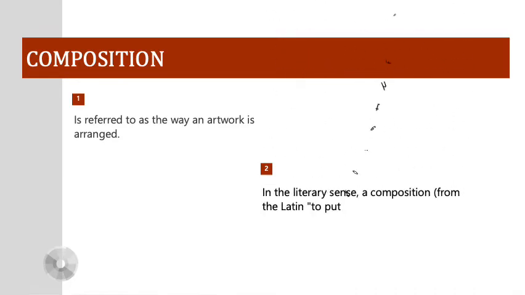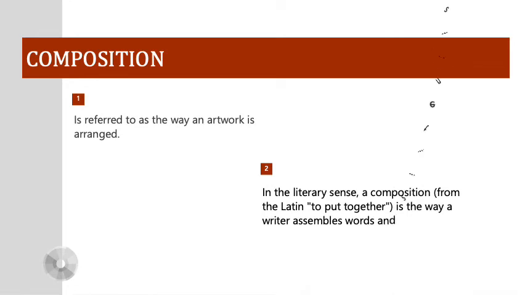In a literary sense, composition, from the Latin for to put together, is the way a writer assembles words and sentences to create a coherent, meaningful work. So although the definition is different, the concept is still the same: putting together or arranging a particular element to come up with an output.